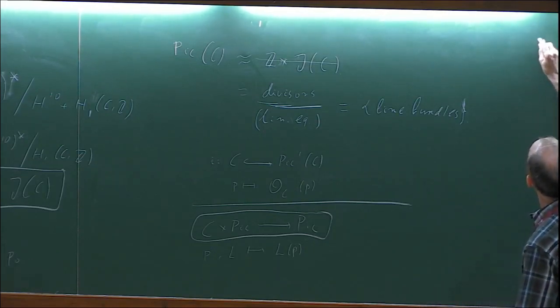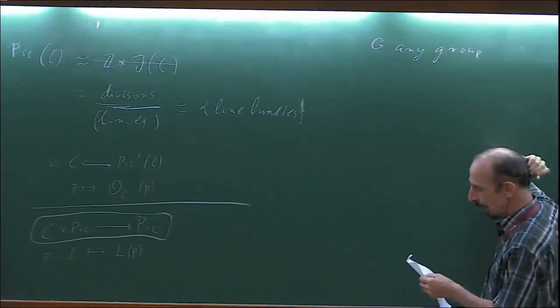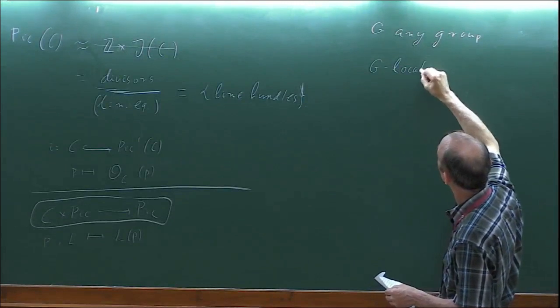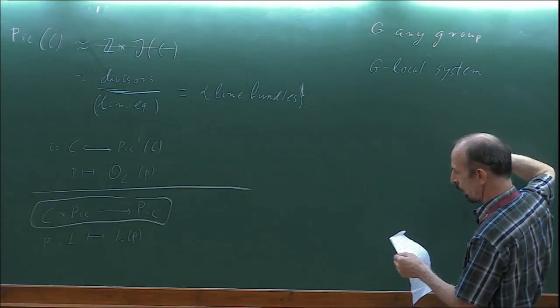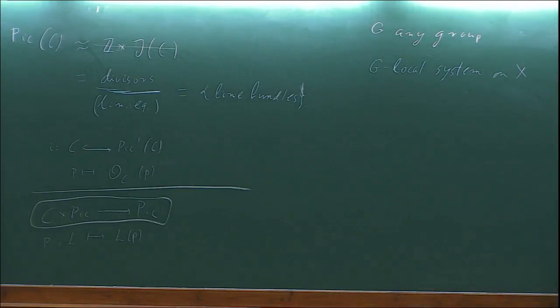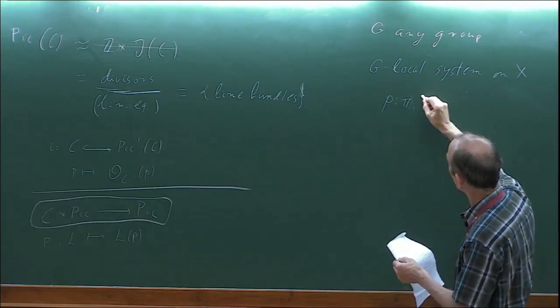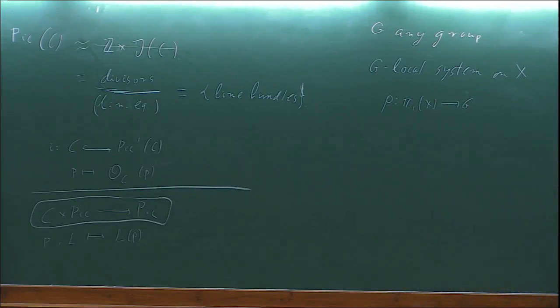So now let's let G be any group. And let's define a G local system on C, or in any topological space X, to be a representation rho from pi 1 of X to G. So we've seen these things in Saito's talk and in Abe's talk.